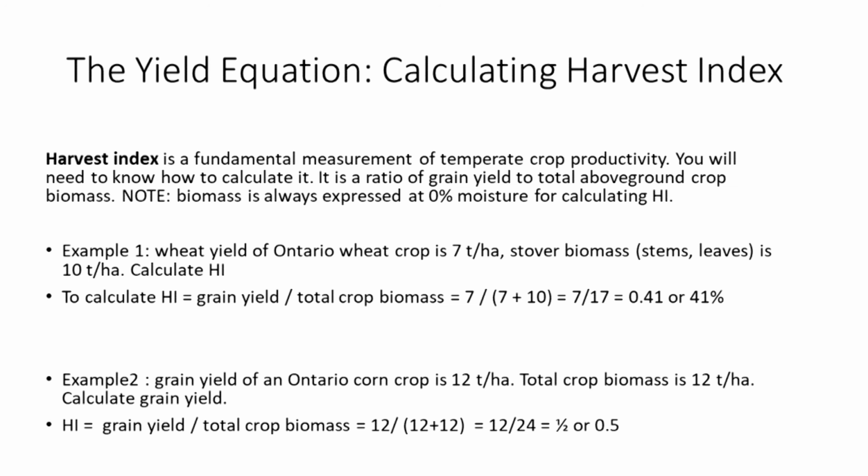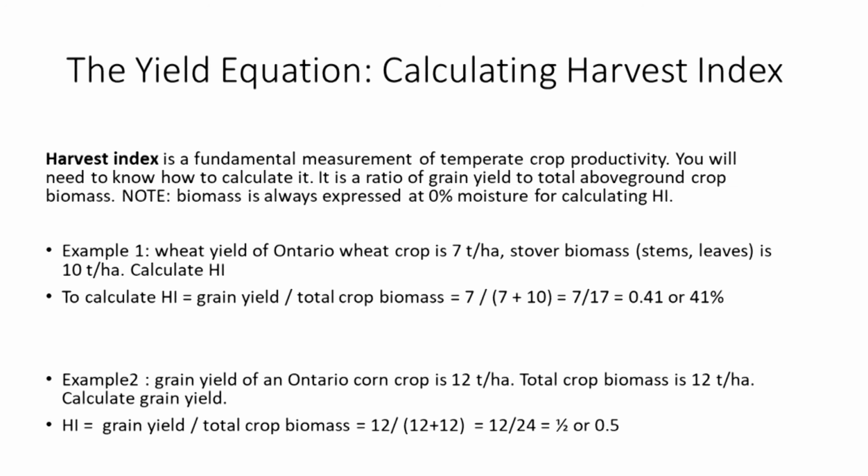You divide total grain yield by total above ground crop biomass, and so grain yield is typically expressed on a tons per hectare basis. So your total above ground crop biomass is also expressed in tons per hectare, and you just divide one by the other. So total crop biomass includes grain yield as well as stover biomass.